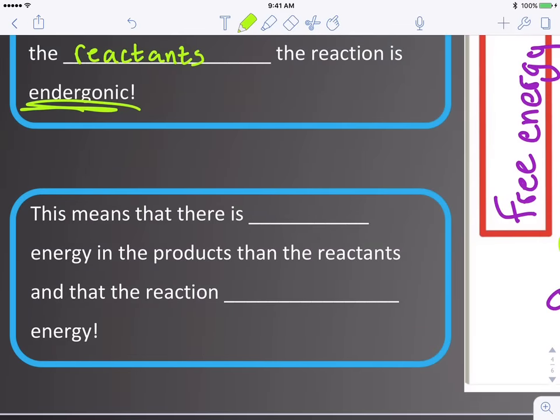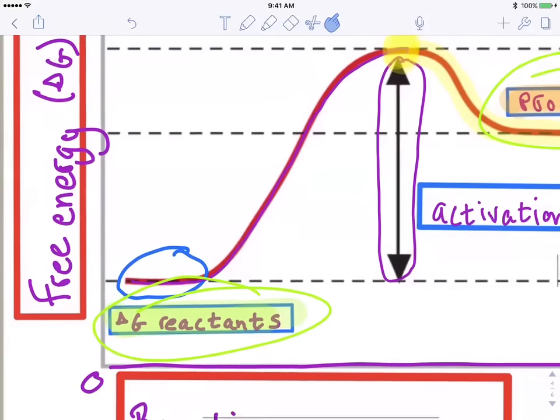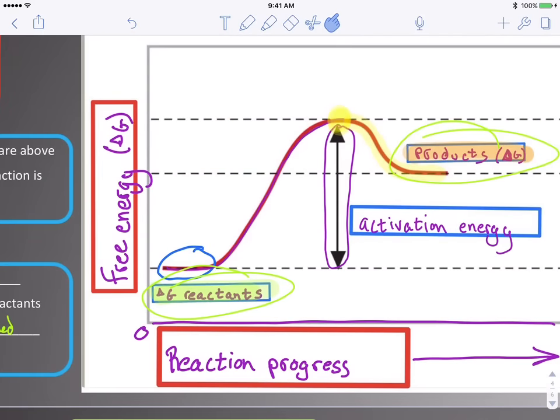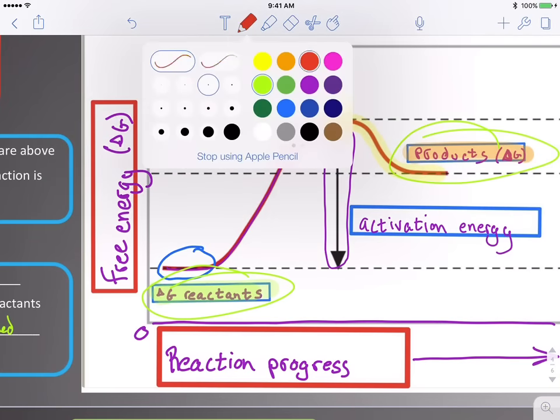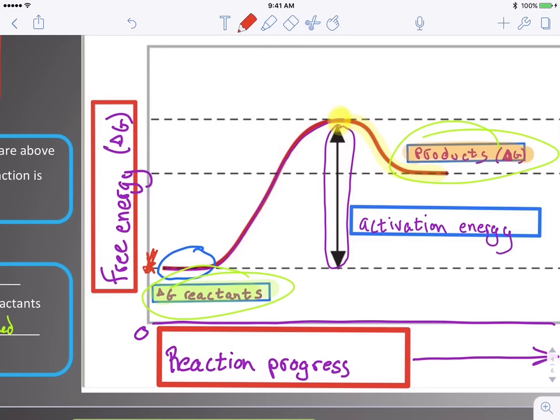This means that there is more energy in the products than the reactants and that the reaction consumed energy. And just by looking at this graph, that's really noticeable. We started off with a really low amount of energy way down here, and we ended up with a really high amount of energy way over there.